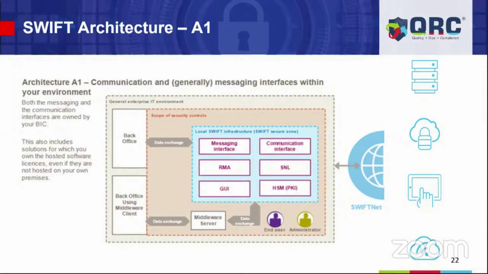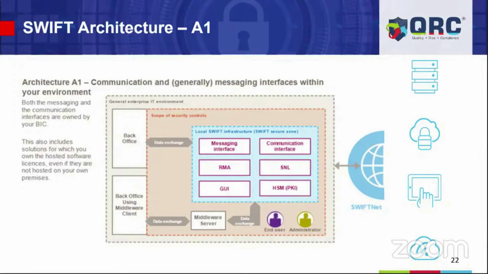That is where the Swift infrastructure provides the messaging and communication interfaces. HSM is the hardware security module, and there is a GUI interface for the end users, administrators and operators, who are also part of the overall security controls and scope.